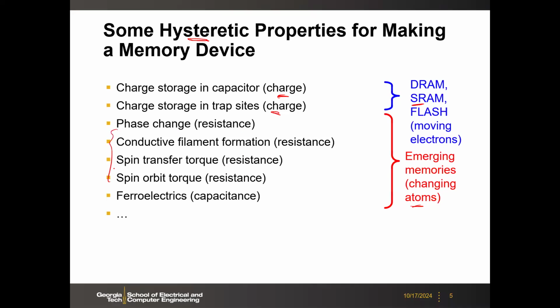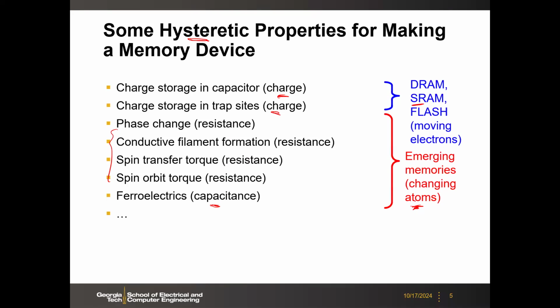We are going to discuss that in the following, like phase change, conductive filament formation, spin transfer torque, spin orbit torque, and so on. We will discuss that later. And also, you may change the capacitance, for example, the ferroelectrics. So in general, you have to move the atoms around in those emerging memories. That's a big difference.